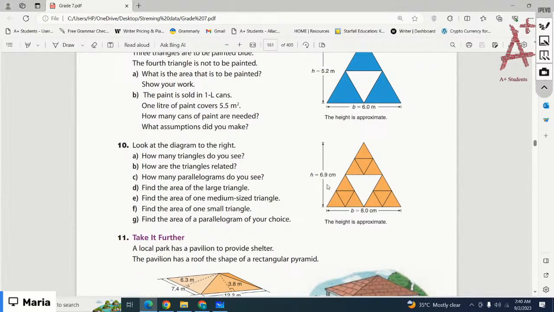How are the triangles related? You can see the larger triangle is 4 times greater than the middle triangle. How many parallelograms do you see?